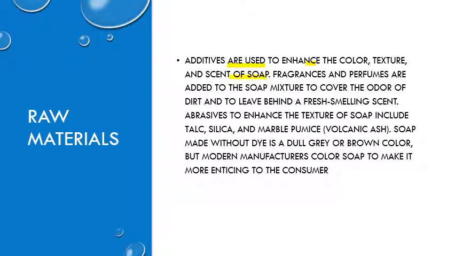The main saponification reaction produces a dull soap which is usually gray or brown in color. But to enhance the color, so that when we see it we are attracted to it, we use additives. And the soap fragrance really attracts us.